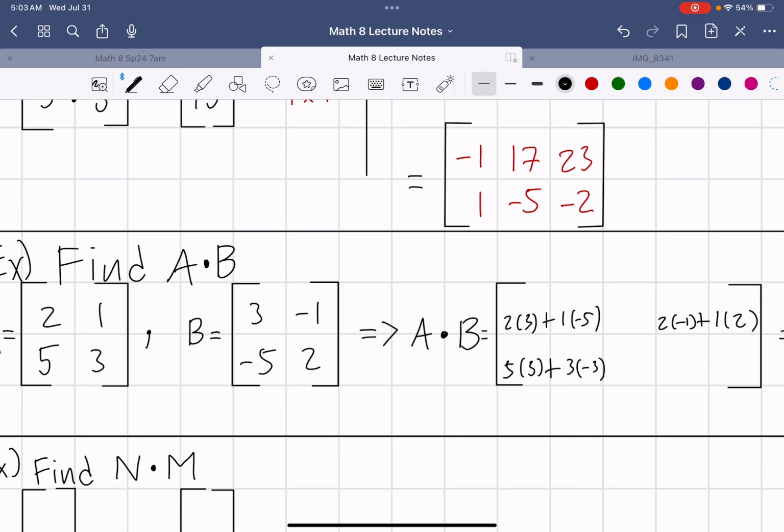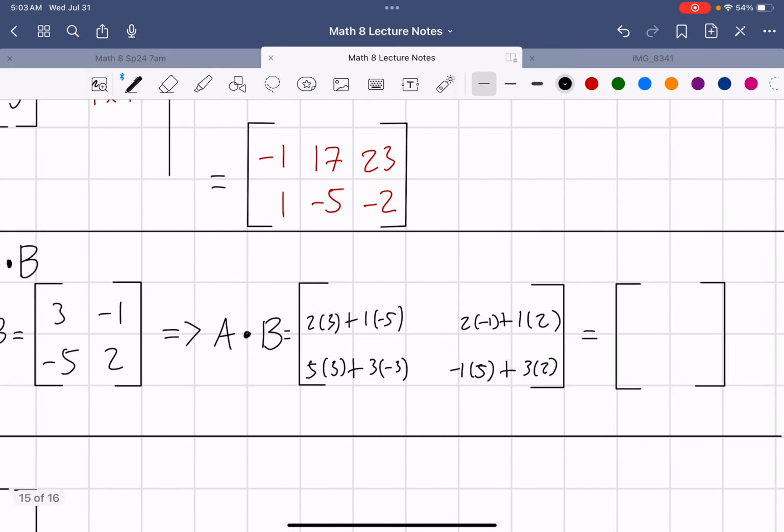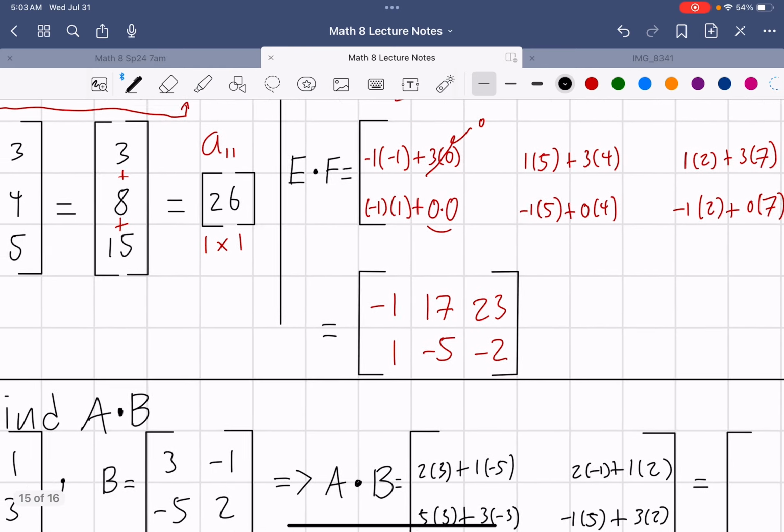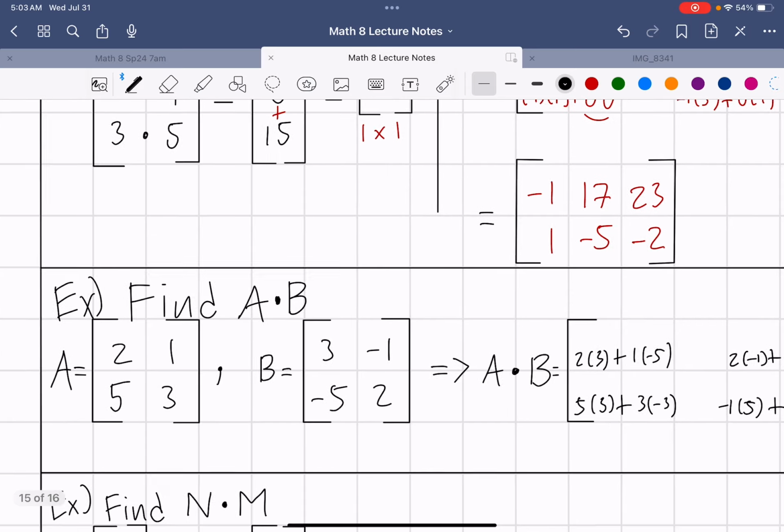And now the second row with the second column, it's going to be negative 1 times 5, and then plus 3 times 2. And of course, they are equal to each other, right?